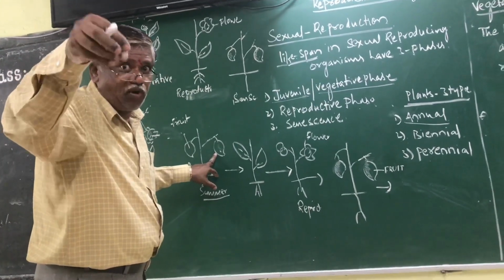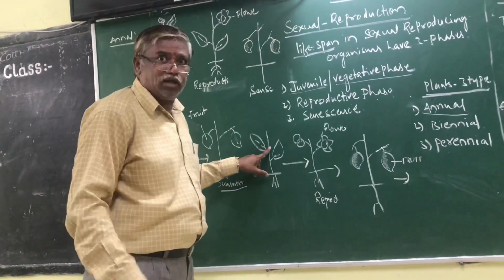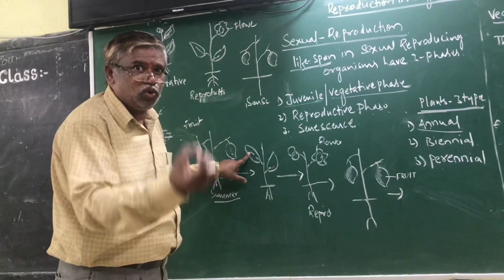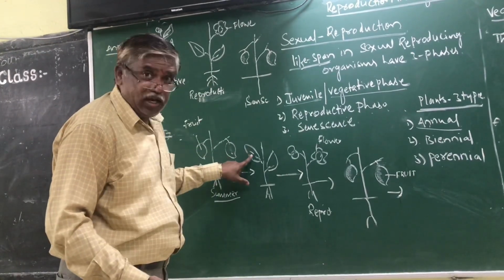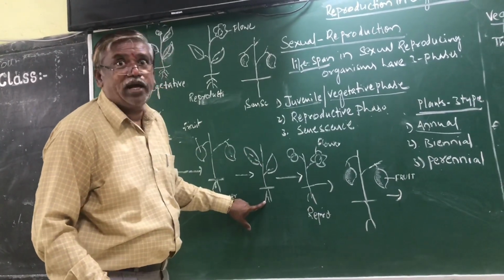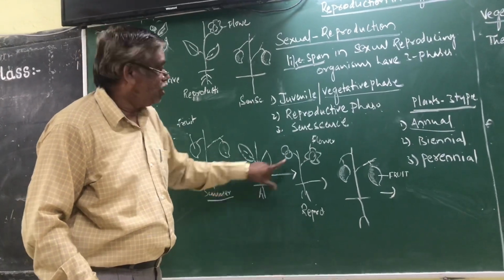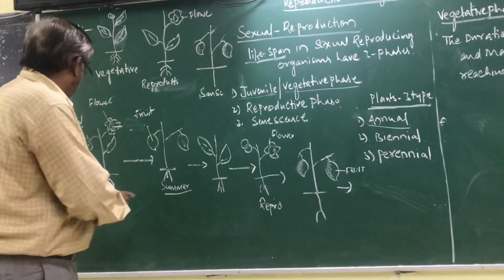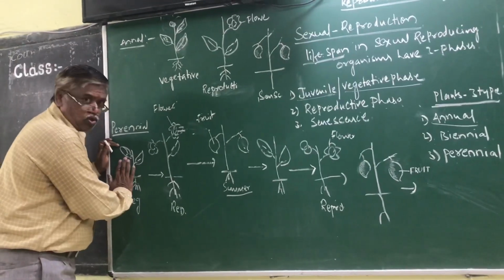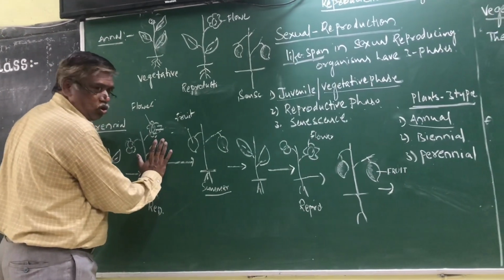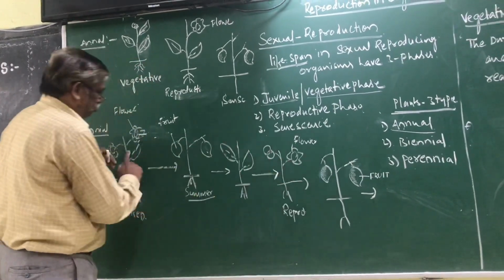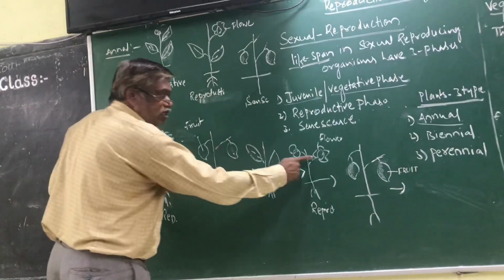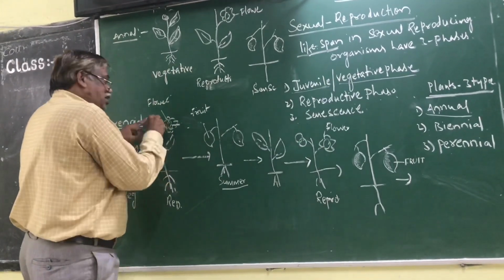When the rainfall comes, again the same plant shows growth, leaves. Now it is again juvenile, and again flowering. That means vegetative, then reproductive. How can you say it is reproductive? Flowering. It is also flowering. Now it is the flowering phase.